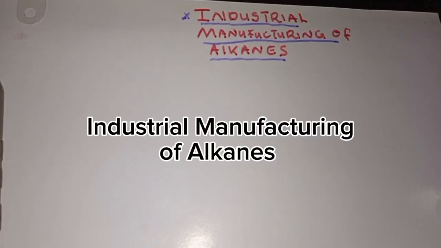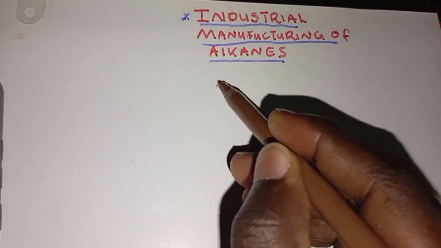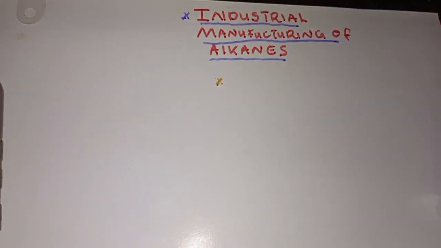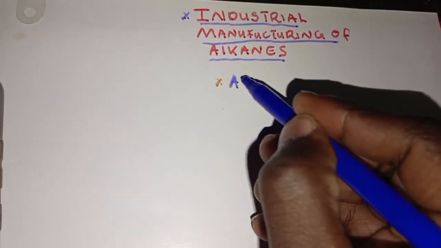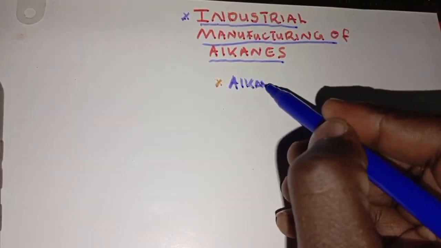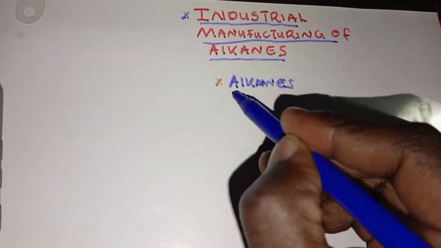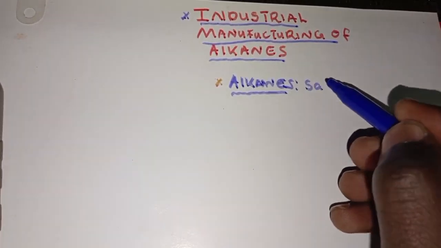This video will be discussing industrial manufacturing of alkanes. In our previous videos in chemistry, we talked about this family of alkanes, and we said they are simply hydrocarbons, what we call saturated hydrocarbons.